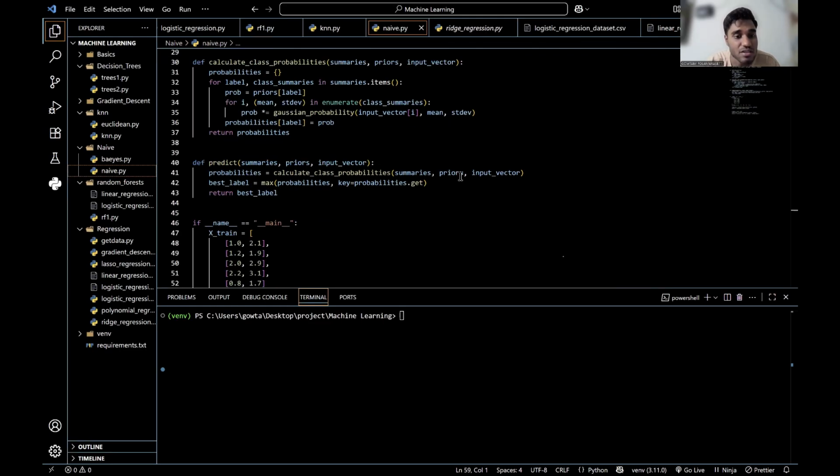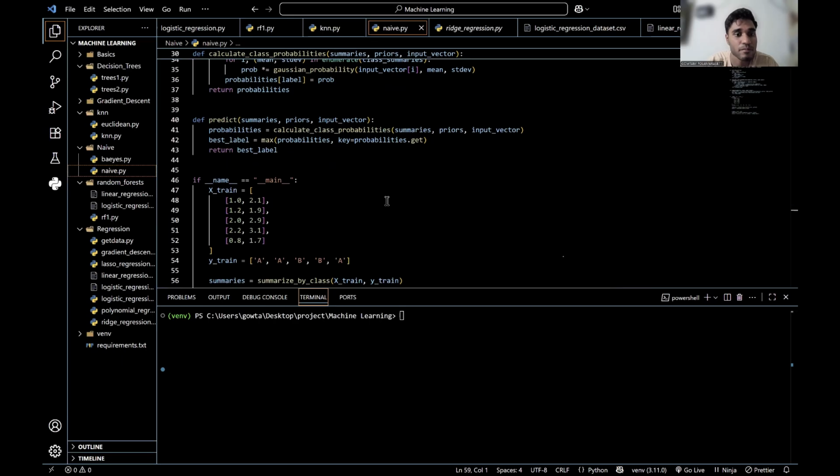At last, it returns all the computed posterior probabilities for the input vector. The next function, predict, calls the function to compute the posterior probabilities, selects the class with the maximum probability, and returns the predicted class.